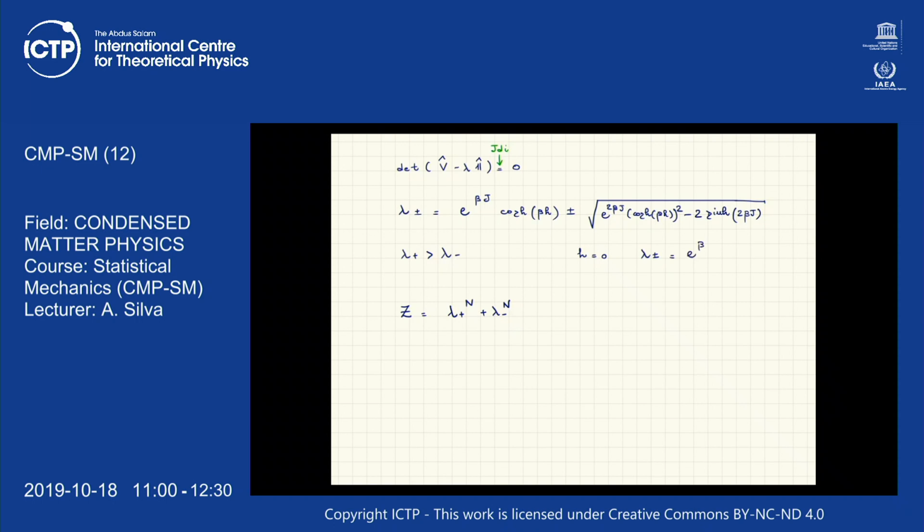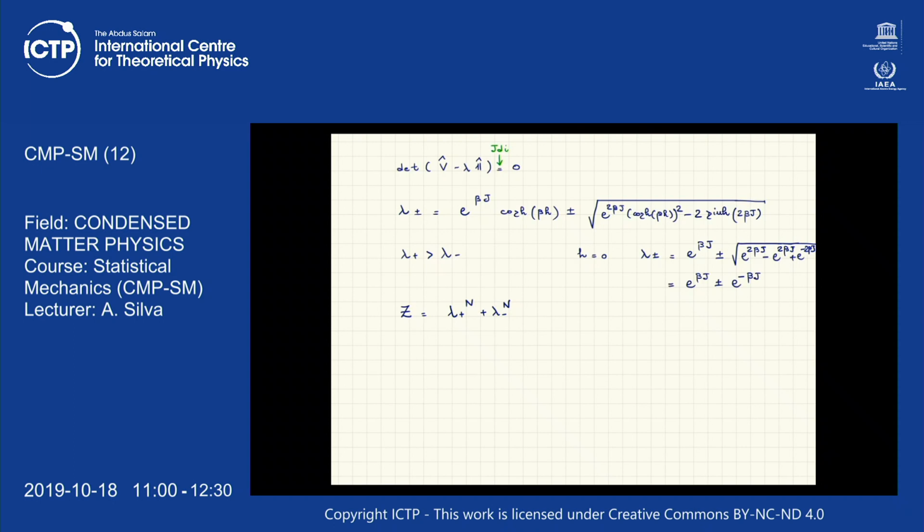e to the beta j plus and minus the square root of e to the 2 beta j minus, essentially, e to the 2 beta j plus e to the minus 2 beta j, right? Because I'm spelling out what the sine hyperbolic is. So what I get is e to the beta j plus and minus e to the minus beta j.